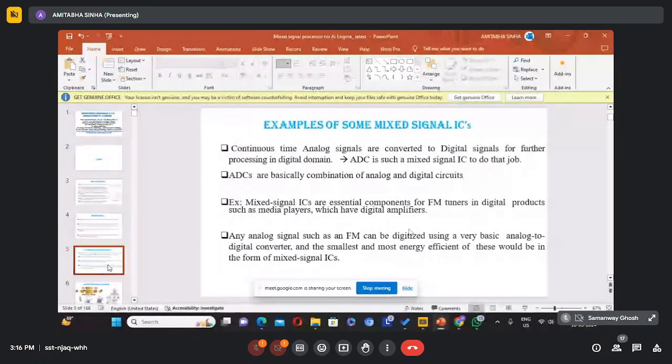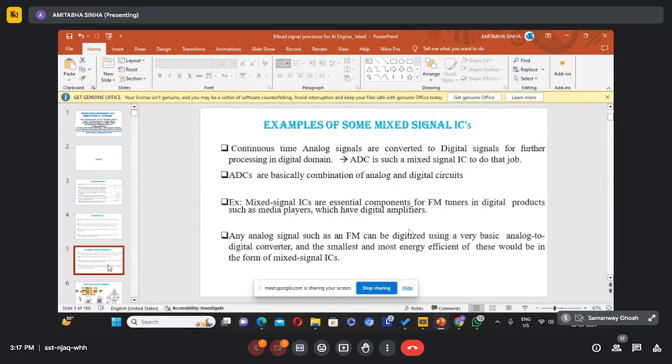So continuous time analog signals are converted to digital signals for further processing in the digital domain. So ADC is such a mixed signal IC to do that job. ADCs are basically a combination of analog and digital circuits. If we know the architecture of an analog to digital converter, we'll see that it consists of both analog and digital circuits.